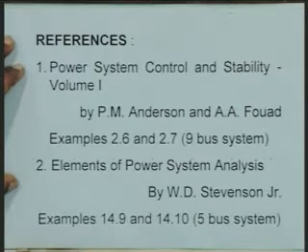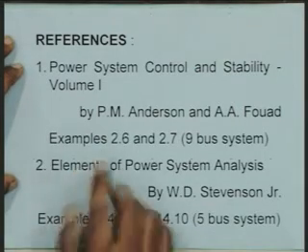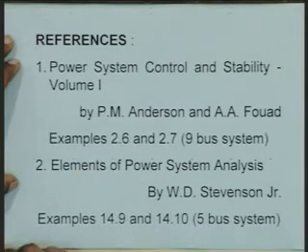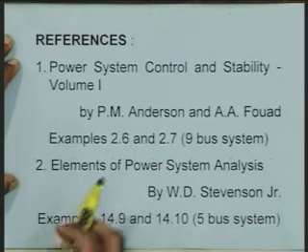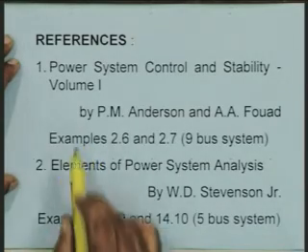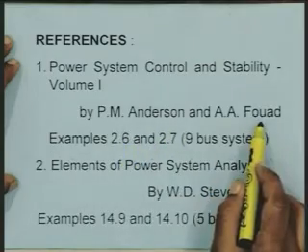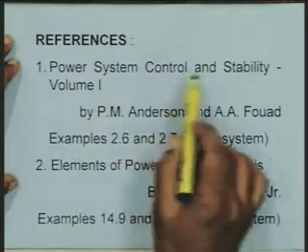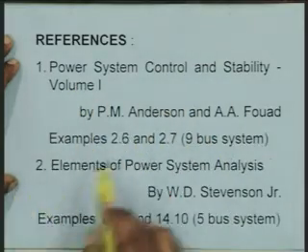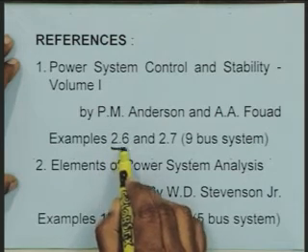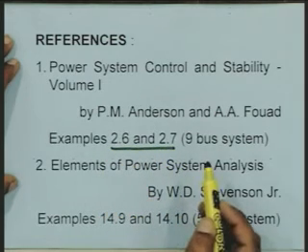Now, I will suggest you refer to these two examples given here. One example is given in the book by P.M. Anderson and Fouad, Power System Control and Stability, Volume 1, examples 2.6 and 2.7.